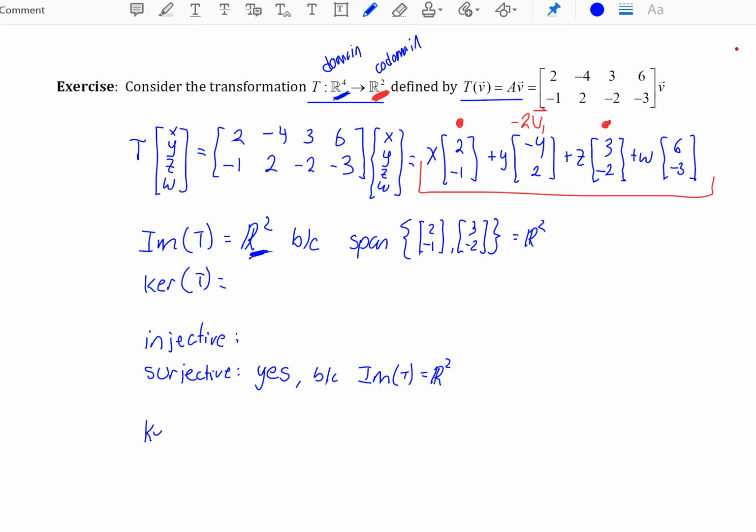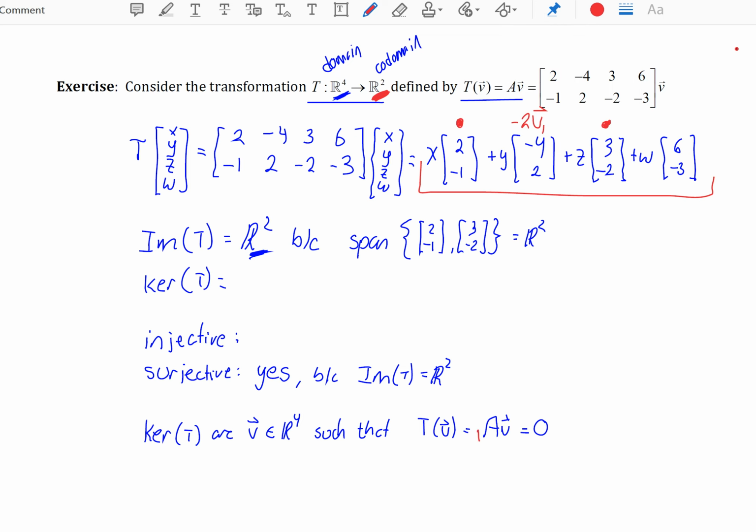So now remember, the kernel of T are all the little vectors V in R4 such that T of V, or AV, is equal to 0.